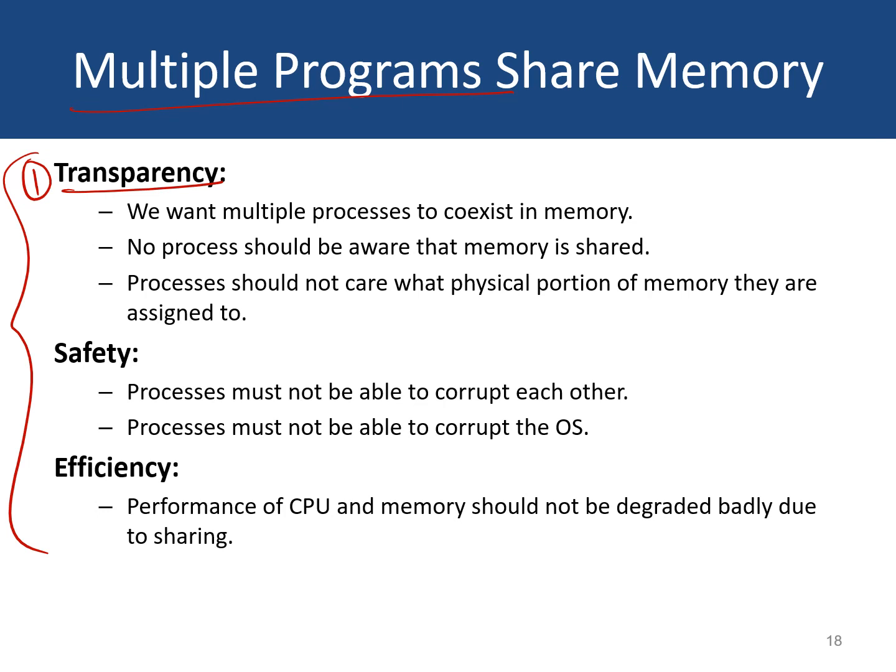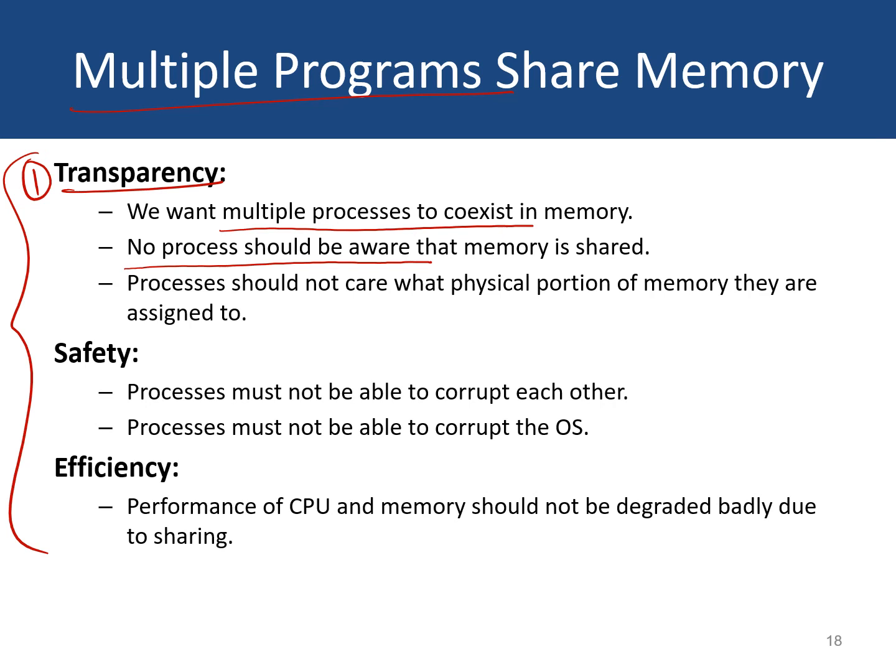Transparency basically means that multiple processes should be able to coexist in the main memory. However, the processes should have an illusion that they are the only ones. Every process should have this illusion that it is the only one in the main memory. So essentially no process should be aware of the existence of other processes in the main memory.